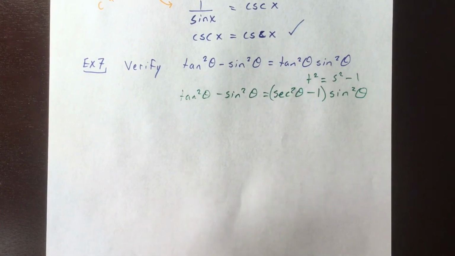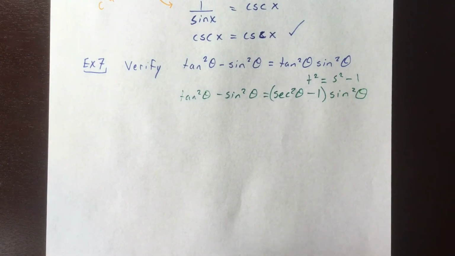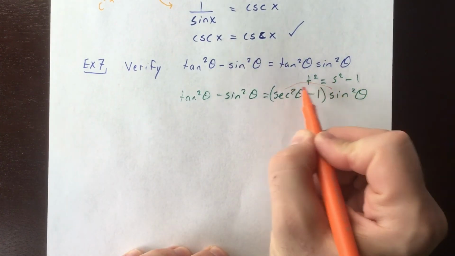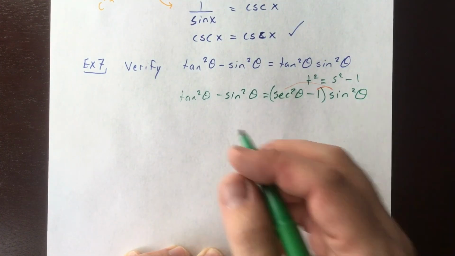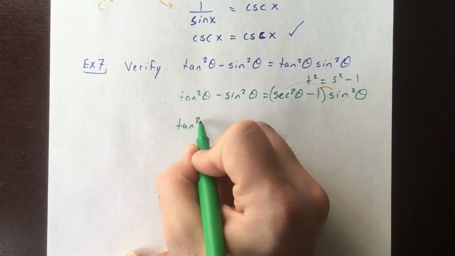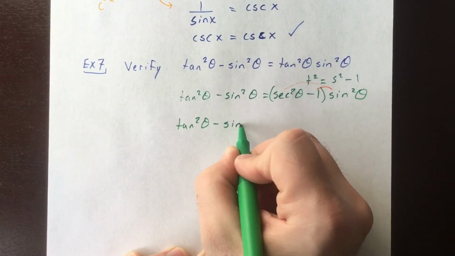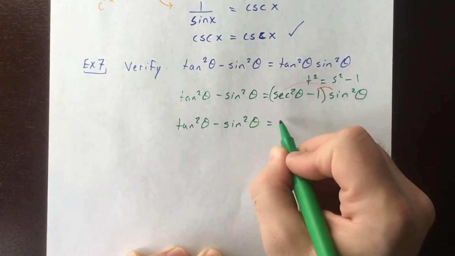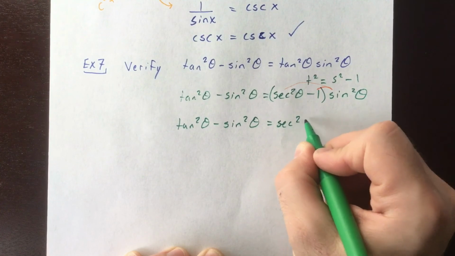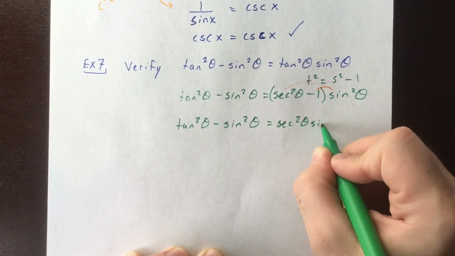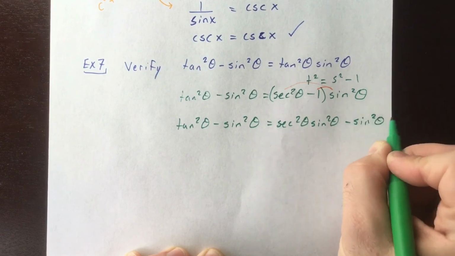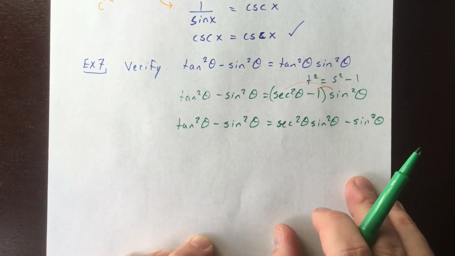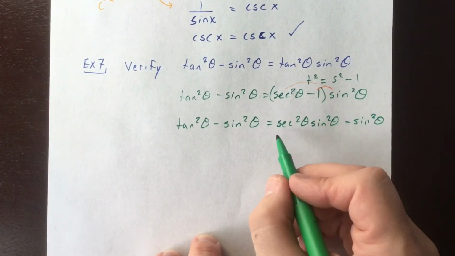So I'm going to distribute now my sine squared of theta, which gives us tangent squared minus sine squared. So we get secant squared theta multiplied by sine squared theta minus sine squared theta. Second part of my problem's done. So now I need to simplify this.